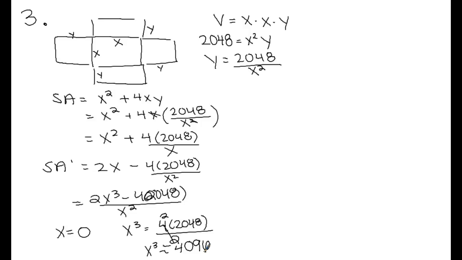So like 20 cubed would have to be way bigger than 4,000 because 2 times 2 times 2 is going to be 8. Just go back to your basic cubic ideas and knowing that 2 cubed is 8, 3 cubed is 27, 4 cubed.